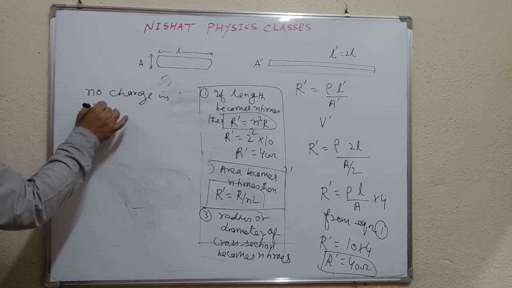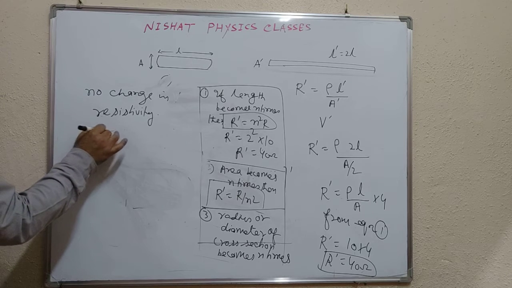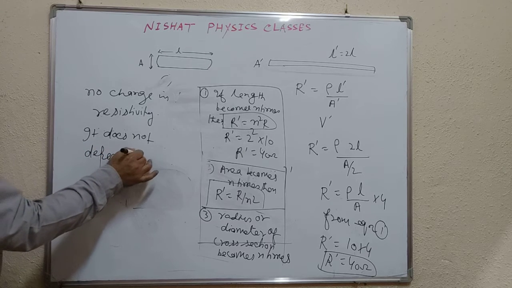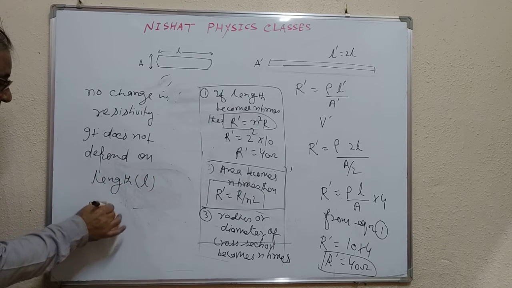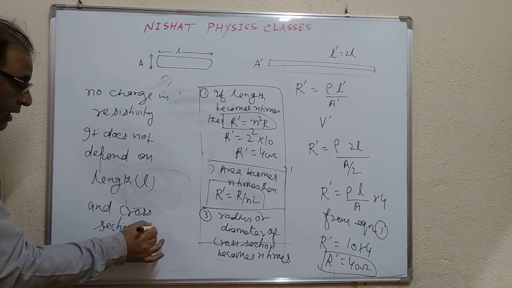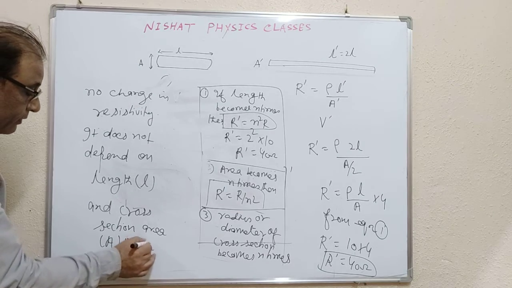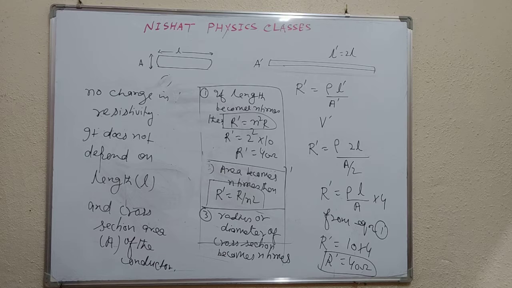Students, it is very clear that there is no change in resistivity, because it doesn't depend on the length L and cross section area A of the conductor.